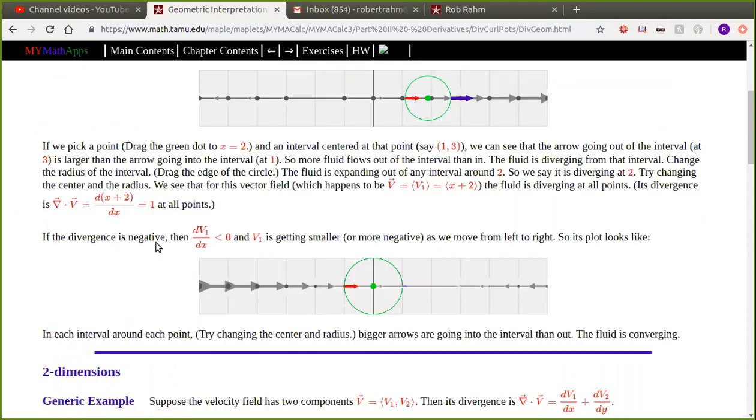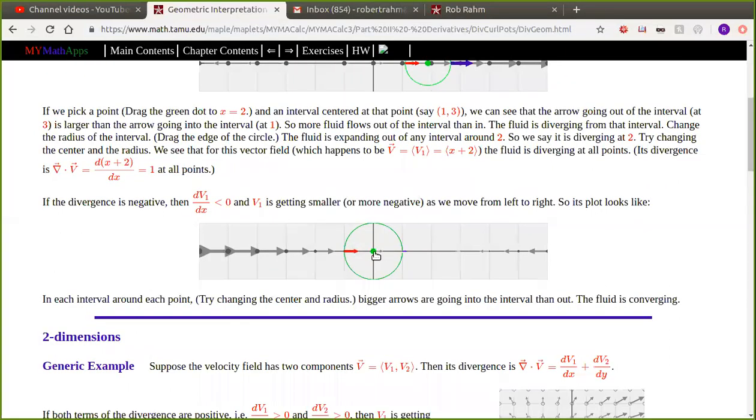And if the divergence is negative, the opposite happens. If the hose is going this way, there's more water flowing into the interval than flowing out of the interval.